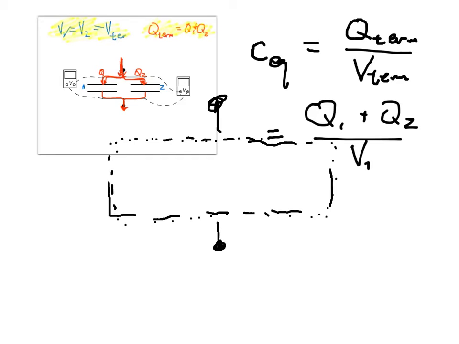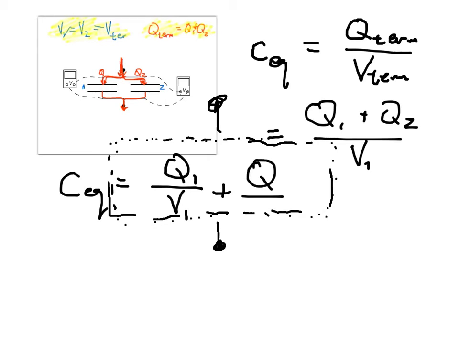We can separate this out and say that C equivalent is going to be Q1 over V1, plus Q2 over V2. They're all the same voltage. And now notice this right here ought to look really familiar.